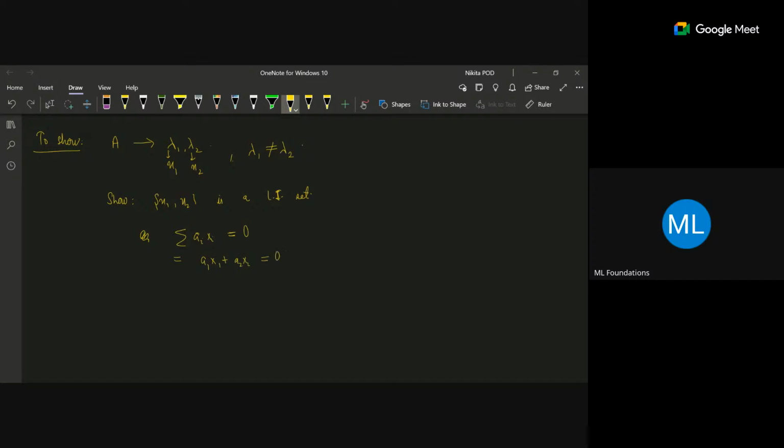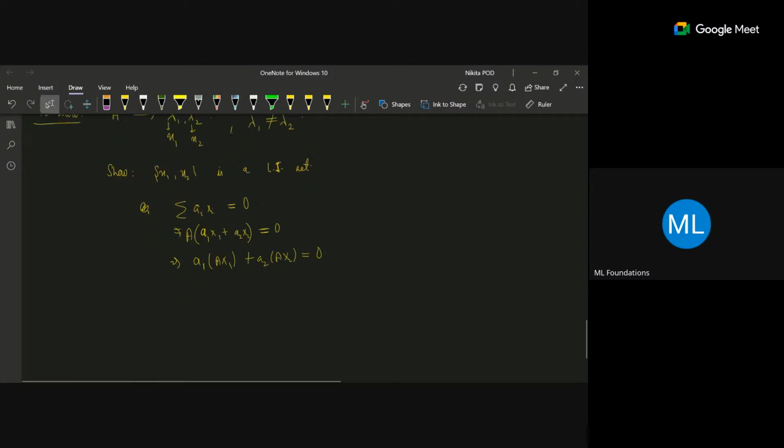Now I can also multiply A with this. It won't make a change. Since a1 and a2 are just constants, I can pull them out. In that case, I will just have a1 Ax1 plus a2 Ax2 equals 0, right?